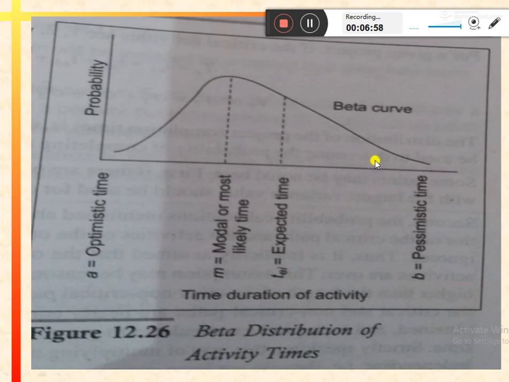On the rightmost side, again it is the pessimistic time, which again represents a very low probability of happening. But the mid area of this graph represents the modal or most likely time of happening of an activity. So basically it follows the beta distribution.